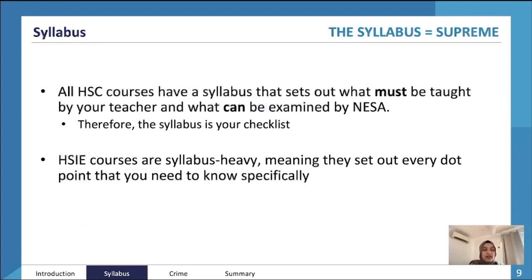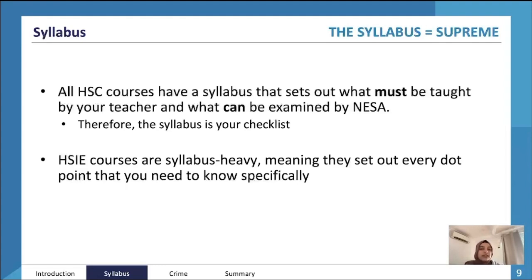So all HSC courses have a syllabus that sets out what must be taught by your teacher and what can be examined by NESA, right? So you want to make sure that you know exactly what you can be examined on, and your syllabus is literally a list of that. So using your syllabus as a list of, hey, I know this, I can tick this off, I can tick this off, actually, I'm not sure about this, let me highlight it.